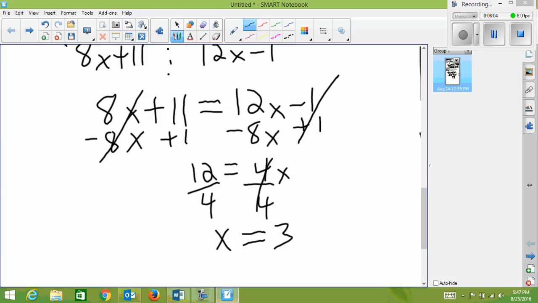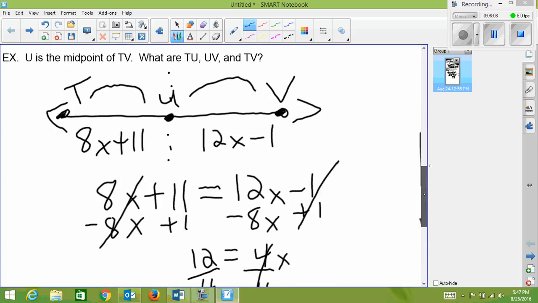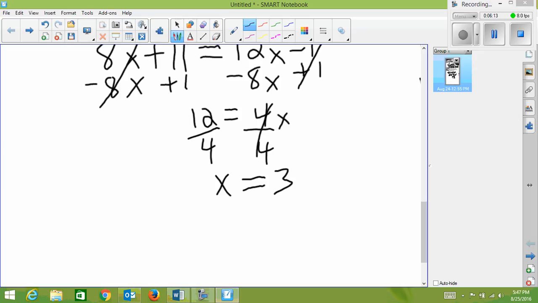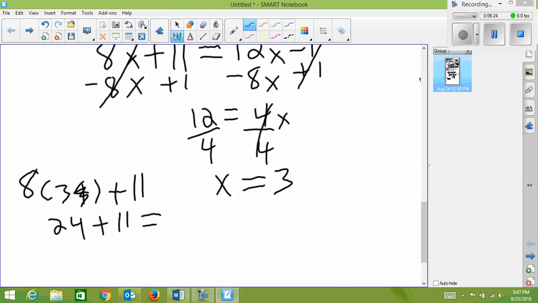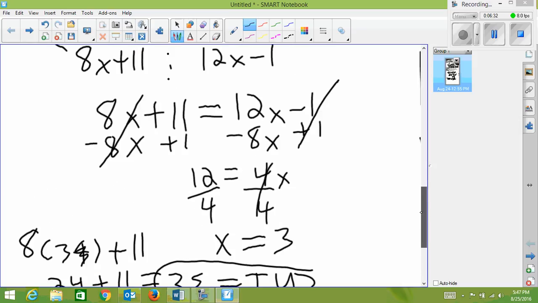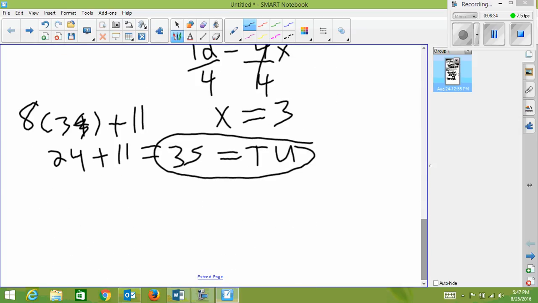That is not my final answer though, because I need to go plug it back in and see what these are. So if I go back up and look at my drawing, 8x plus 11 is TU. So plug it in, 8 times 3 plus 11. 8 times 3 is 24, plus 11 is 35. So 35 is TU. So there's 1/3 of your answer. Now I need to know what 12x minus 1 is.